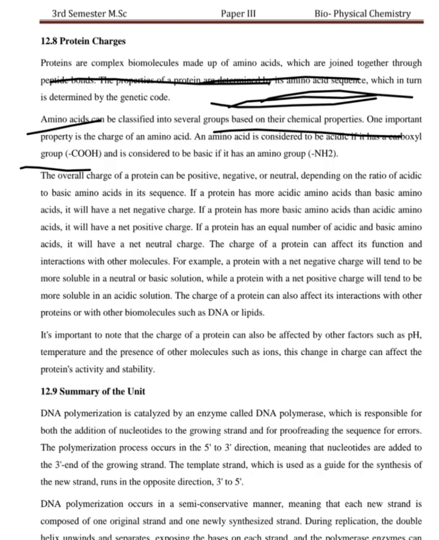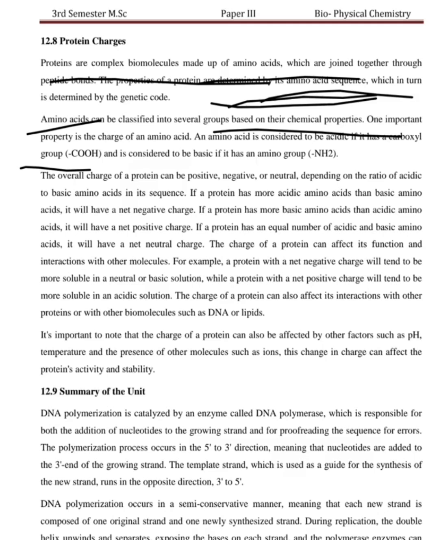Depending on the groups present, they can be separated. If a carboxyl group is present, the amino acid is more acidic in nature, and if an amino group is present, it is more basic in nature. The overall charge of a protein can be positive, negative, or neutral.